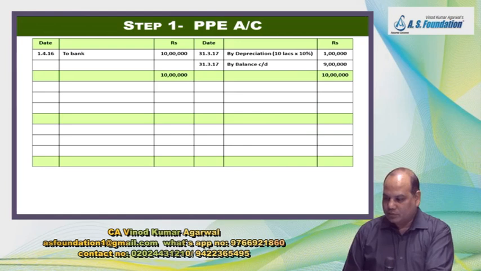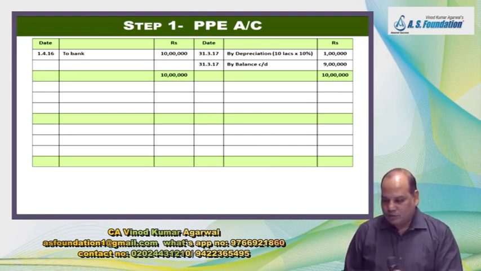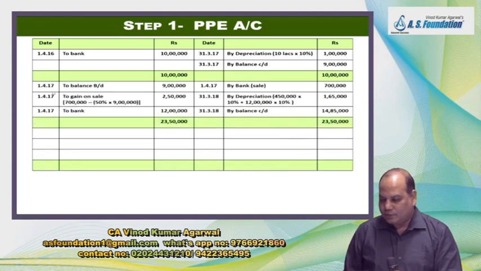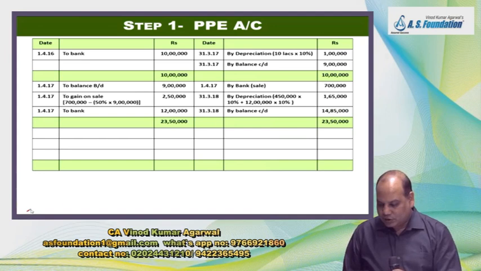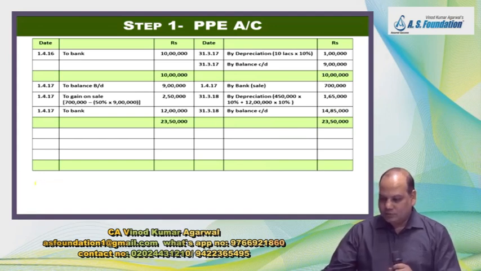By depreciation 1 lakh is right, 10% rate. By balance carried down 9 lakh. One line blank, write down 1/4/17 on the debit side, to balance brought down 9 lakh.